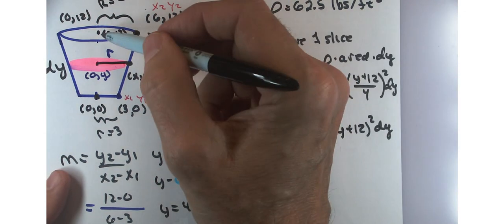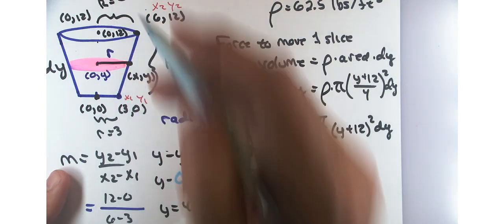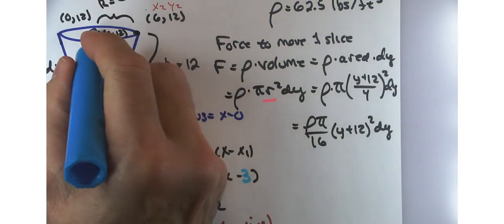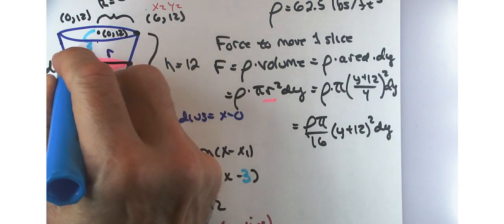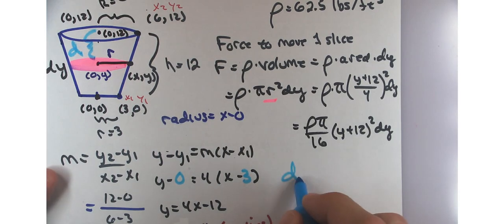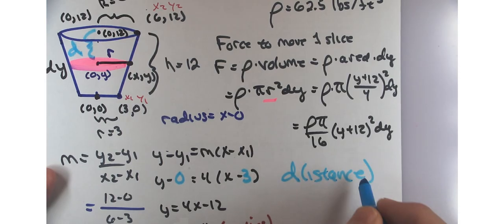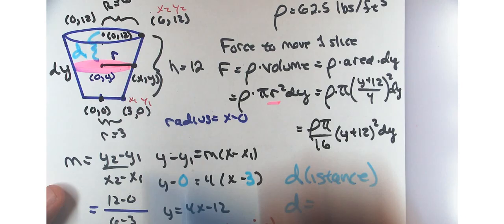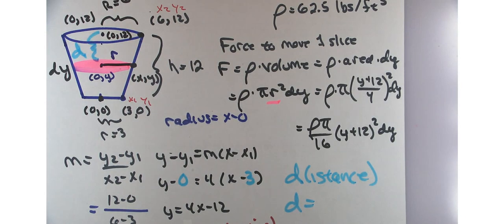So what's the distance between these 2 points? That's D. That's what we're trying to find. D for distance. What's the distance between the top of my figure and that slice?